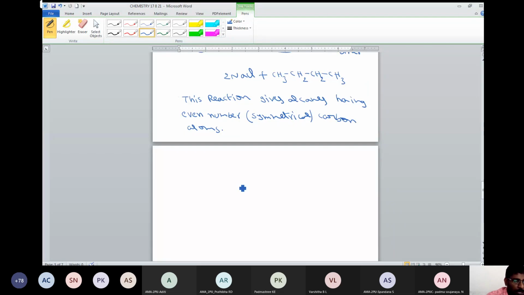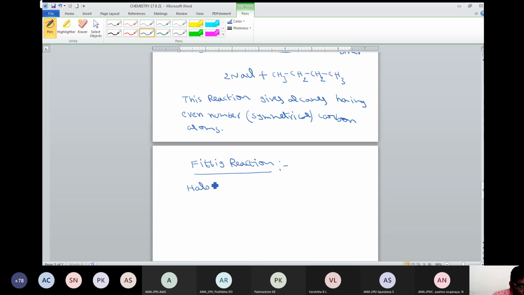So this is haloalkanes' reaction with sodium. Not only haloalkanes, another reaction with sodium is the Fittig reaction. What is the Fittig reaction?